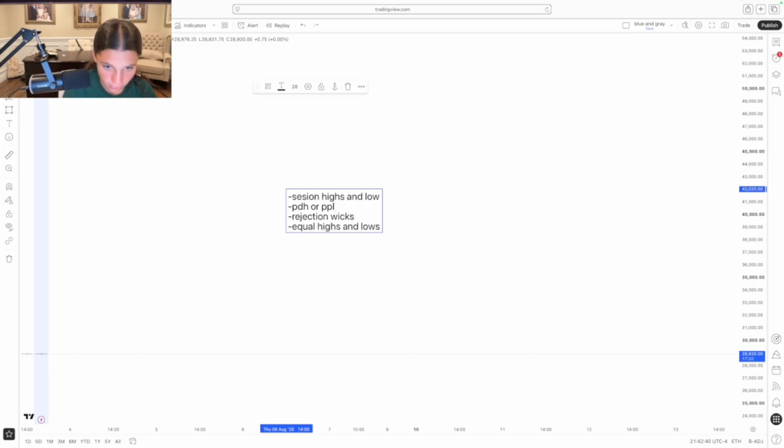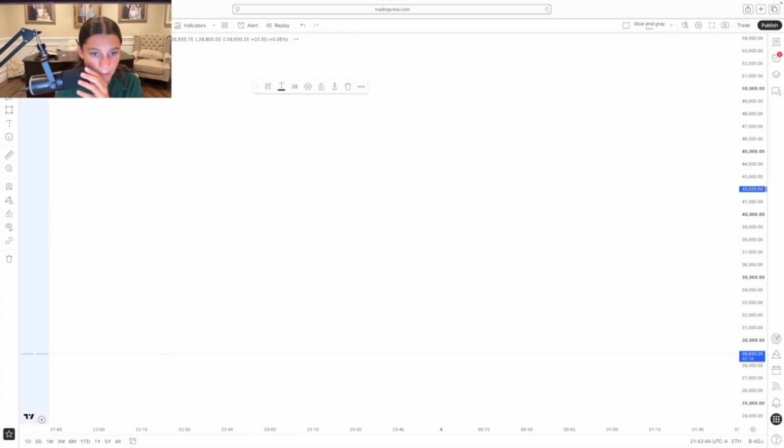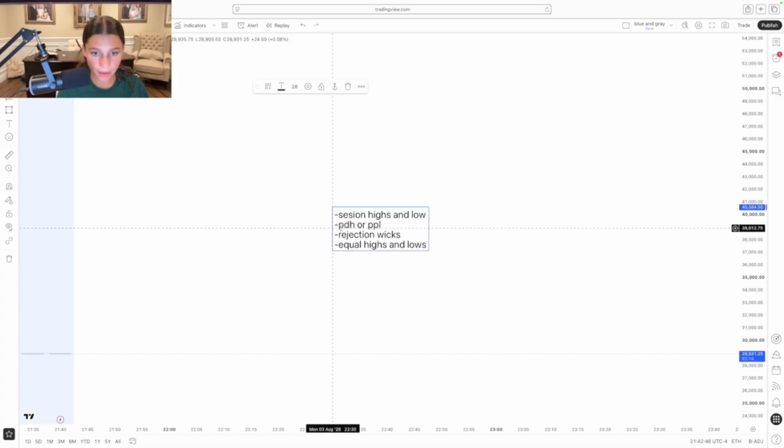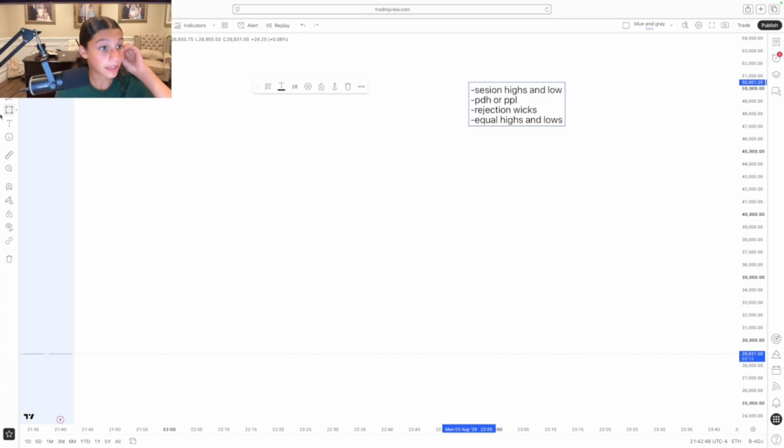So this is literally like the big behemoth of draws on liquidity. Session highs, session lows, Asia session highs and lows, London session highs and lows. Previous day high or previous day low is literally exactly how it sounds: yesterday's high and yesterday's low.